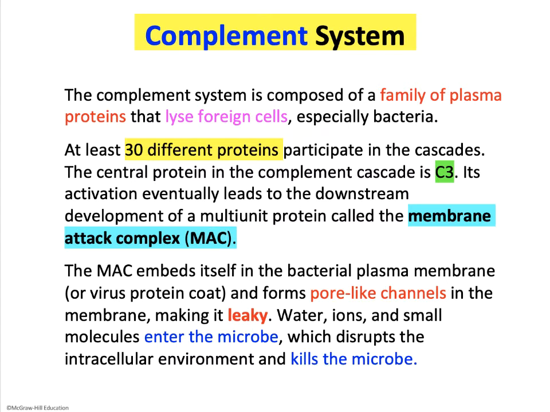The MAC looks like a giant donut on the surface of the bacteria, and in some cases the viruses, and that, once completed, forms a channel that allows material to cross over through the cell wall and the cell membrane of these bacteria or viruses, permitting ions and water and small molecules to migrate to either side, therefore disrupting the intracellular environment and thus killing the microbe or disabling the virus.